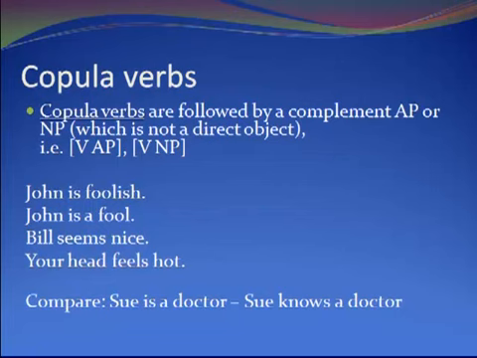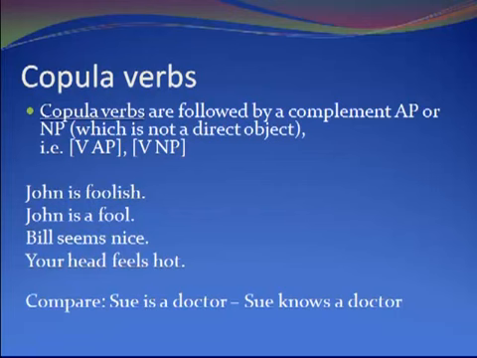Now, there's a small class of copular verbs, and some other ones are given here. So you could say Bill seems nice. Bill is nice. Bill seems nice. Your head feels hot. Your head is hot. So in all cases, these verbs give you a property of the subject.